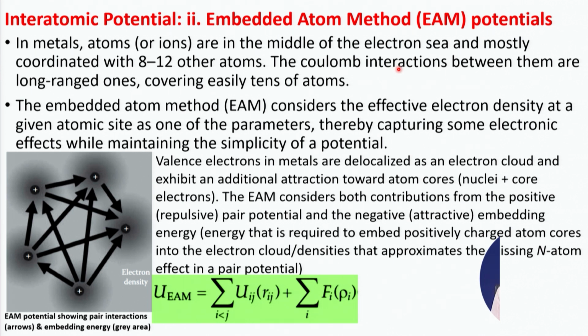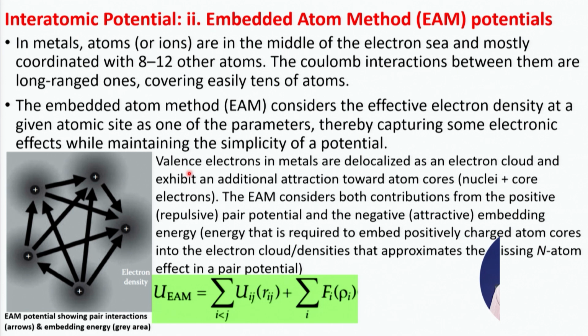Long range means not only the nearest neighbors, the long distance neighbors also have interaction. That's why it is called long range order, and it may easily cover 10 to 20 atoms. The embedded atom method considers the effective electron density at a given atomic site as one of the parameters, thereby capturing some of the electronic effects while maintaining the simplicity of the potential.